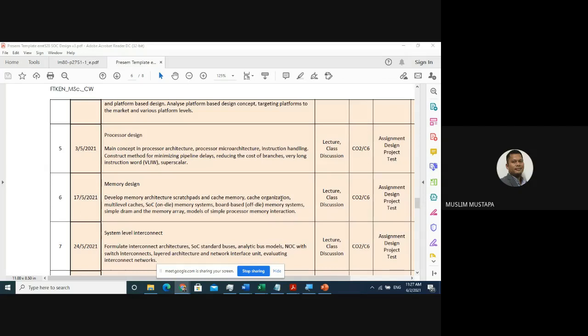What have you understood so far, Q, about this subject? So far, more about the theoretical part: the placement, the floor planning, netlist, routing, timing analysis, and so on. All right.